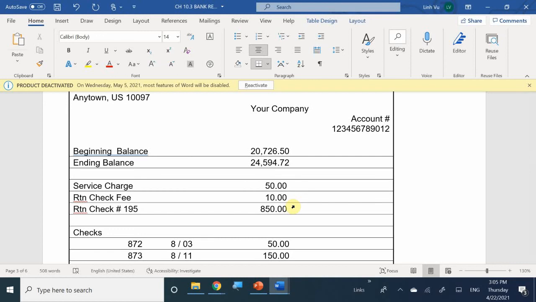And we have a bounced check, return check number 195, for a total of $850. So in this case, my bank has charged me for a return check for this $850. So what are we going to do here?